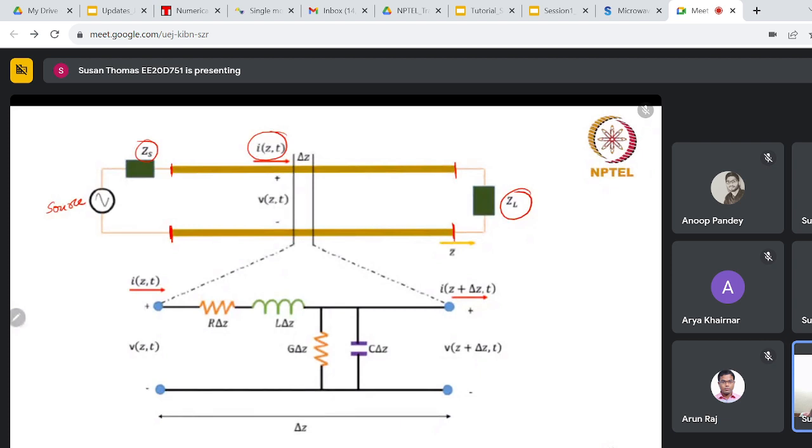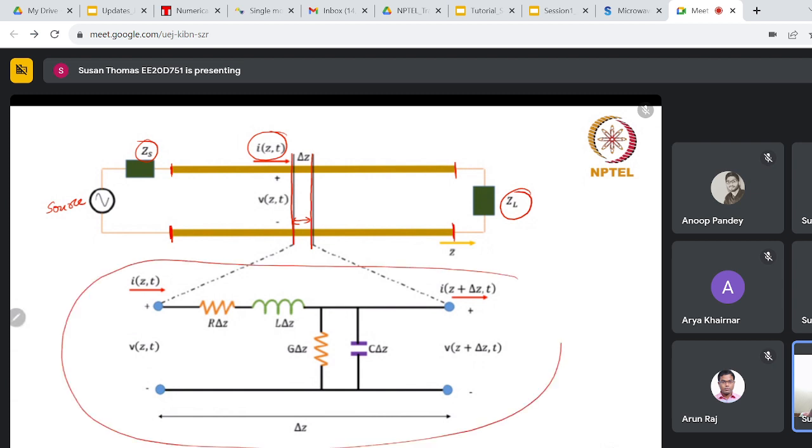If you look at a small portion of this big transmission line, represented by delta z, we are just considering an infinitesimal section of the transmission line. That can be represented as this particular lumped circuit model.